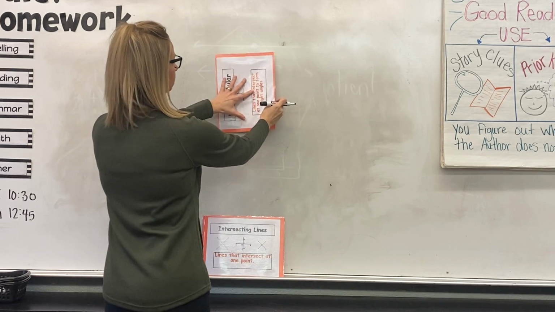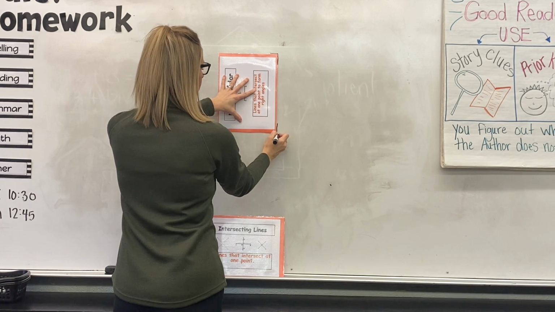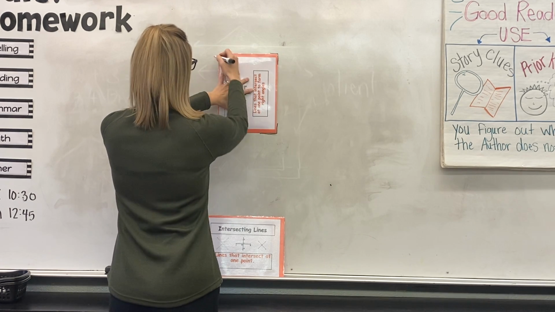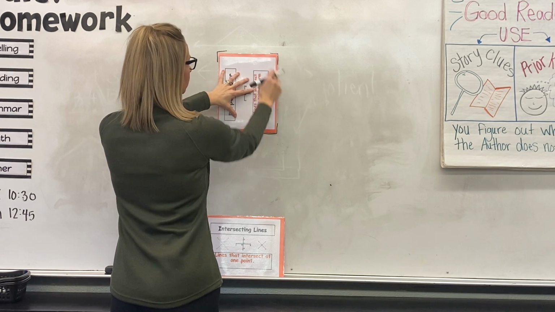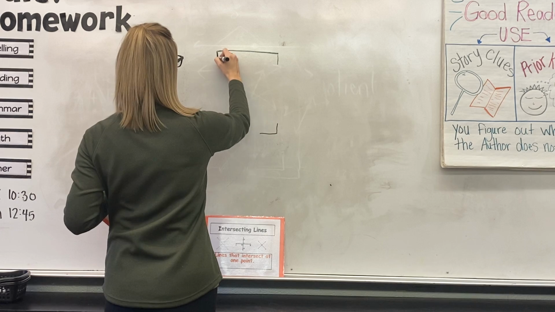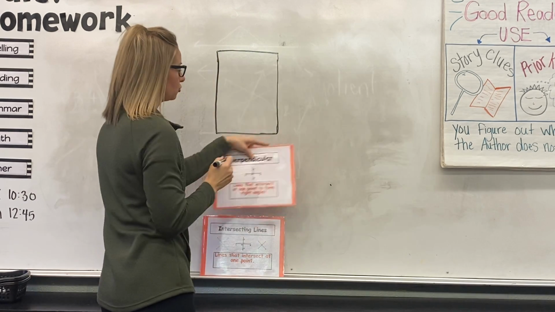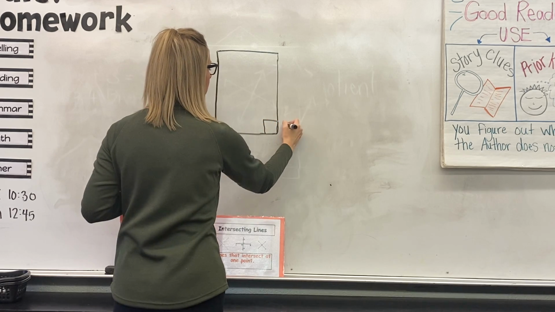For example, this sheet of paper has 4 right angles. It's almost like you could fit the corner of a piece of paper in the corner of a rectangle or a square, and it measures a 90-degree angle.